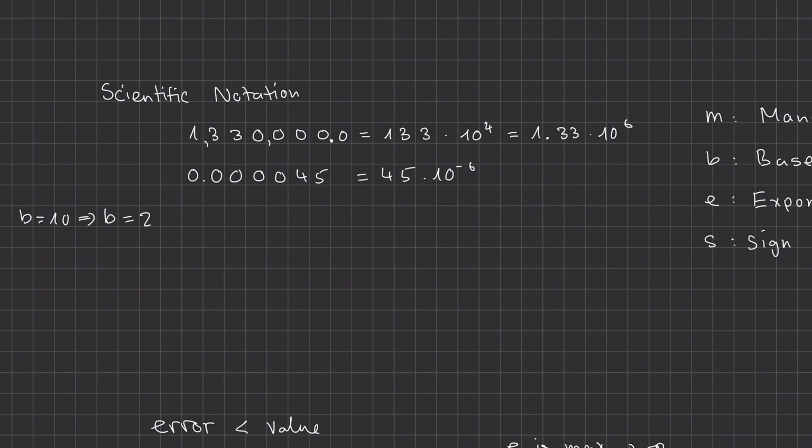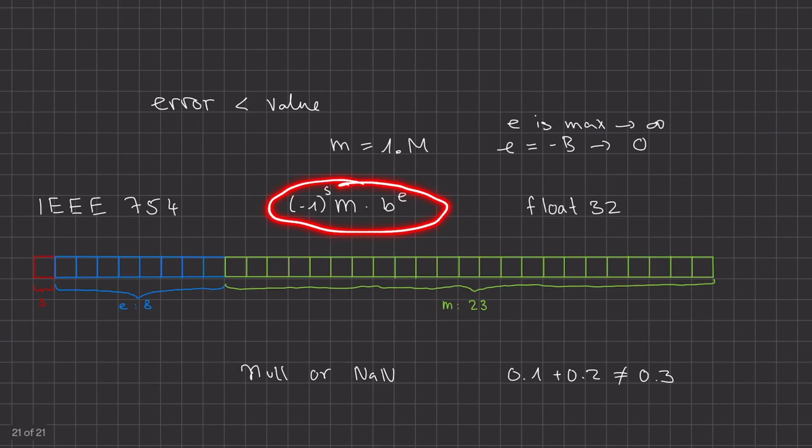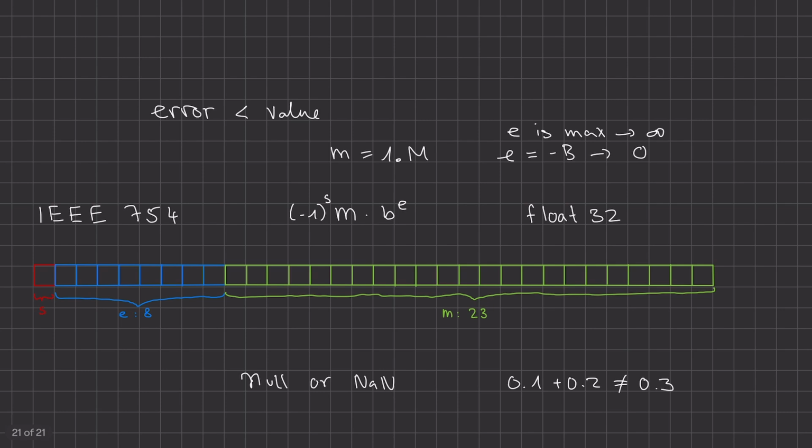But this is also a bit more advanced, and I might make a video on this in the future. However, the most important thing to remember is that a floating point number in binary can be represented similar to scientific notation using a mantissa, an exponent, and a sign. And combined, this representation looks like this, and different standards describe how the bits stored in a computer can be interpreted as the floating point number.